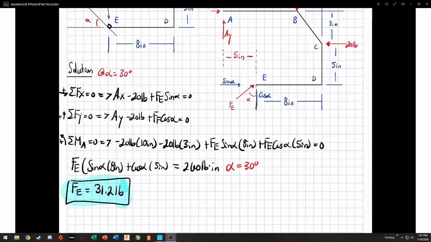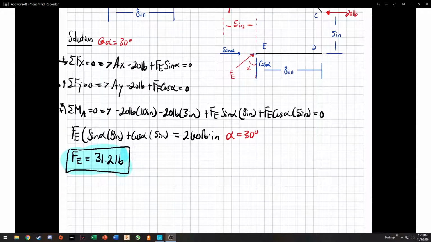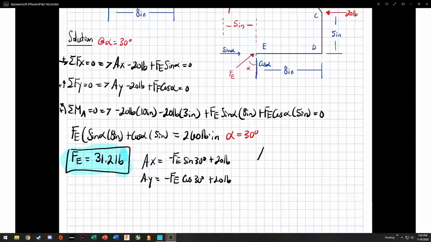Okay. Now we have our FE, we can go ahead and solve for AX and AY. So our AX is going to be equal to negative FE sine of 30 degrees plus 20 pounds. And our AY is going to be negative FE cosine 30 degrees plus 20 pounds.